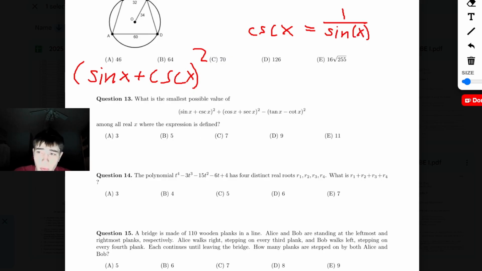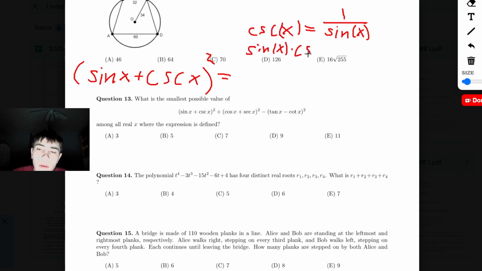So we're going to replace cosecant of x. Actually, we're not going to replace cosecant of x. We could, and you very well could solve the problem that way, but I'm not going to, right? I'm going to do it this way. So notice that since cosecant of x is 1 over sine x, that means that sine of x times cosecant of x equals sine of x divided by sine of x.